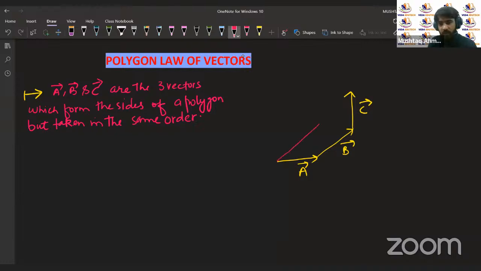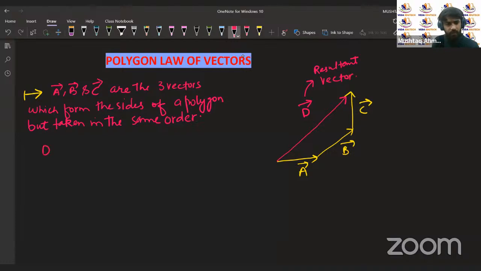Suppose that this is the vector D. Now this vector D closes the polygon, but it has been taken in the reverse order, means it has been taken from tip to tail. This vector D represents the resultant of these three vectors.